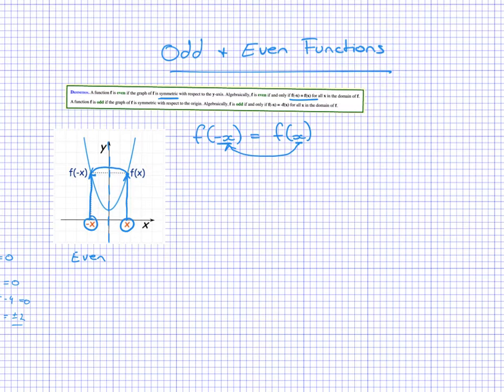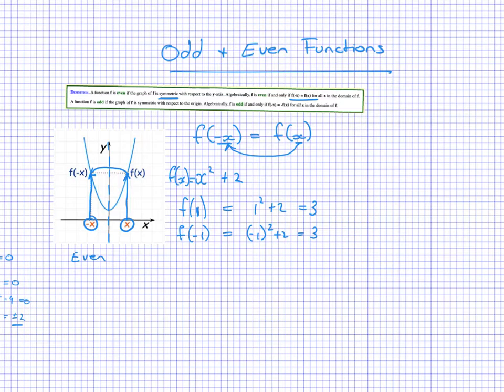All right, I'll give you some examples. This is a parabola. So let's say that the equation is x squared plus 2. I'll make that function notation. When I plug in f at 1, I get 1 squared plus 2, which is 3. If I plug in f at minus 1, I get minus 1 squared plus 2, which is also equal to 3.